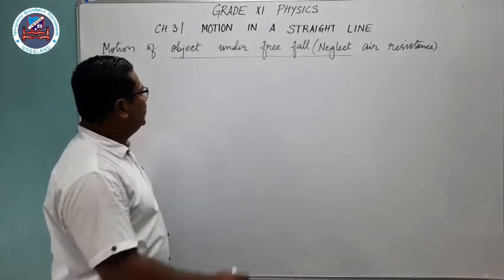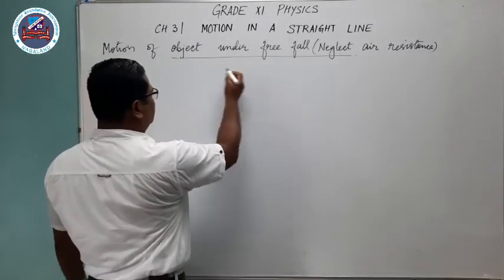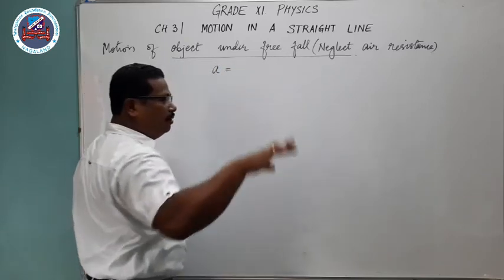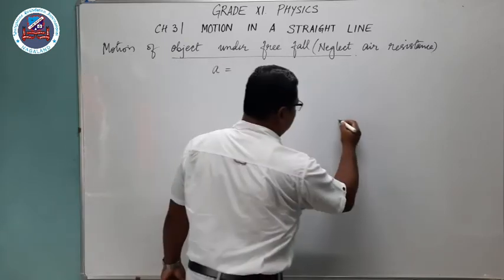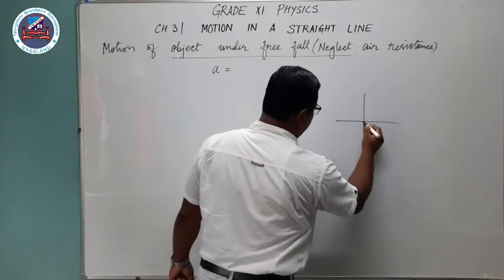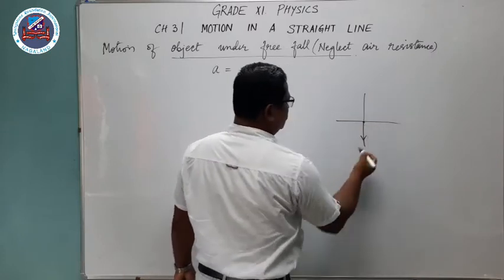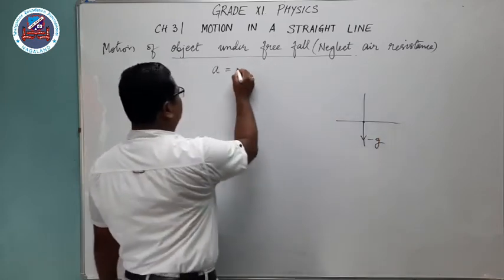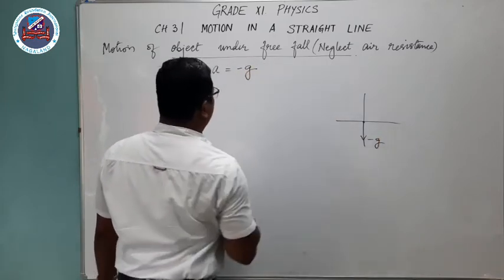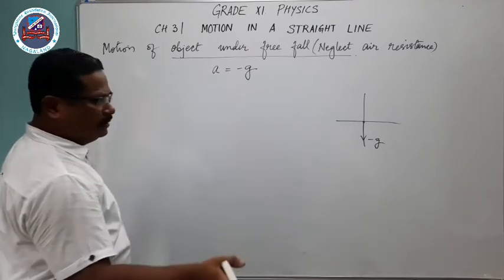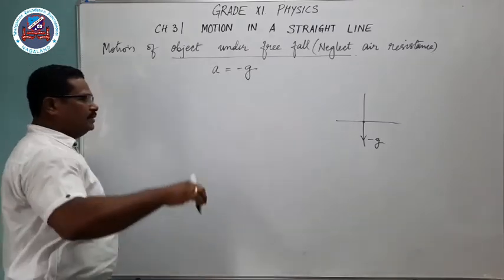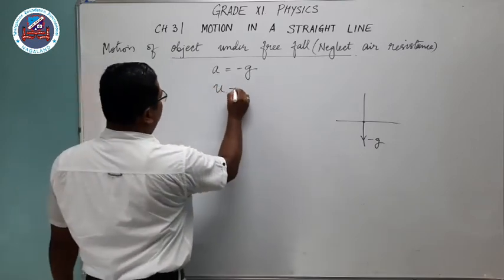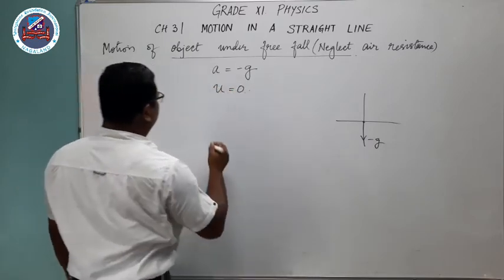In such a case, as we have discussed earlier, since the object is coming down, in the coordinate system downside is negative, so the acceleration will become minus g. As you are releasing the object, the initial velocity will always be 0.